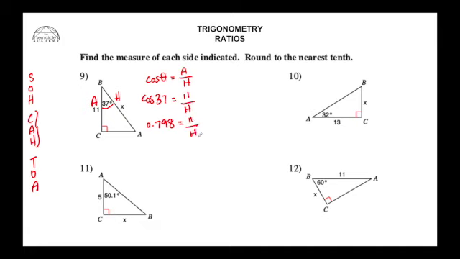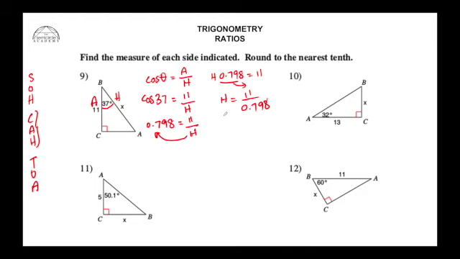I want to find the hypotenuse. So what I'll do is I'll fling the hypotenuse across. So now the h is going to be multiplied by the 0.798, and that is going to be equal to 11. And now I could take the 0.798 and fling it across. So now h is going to be equal to 11 divided by 0.798.